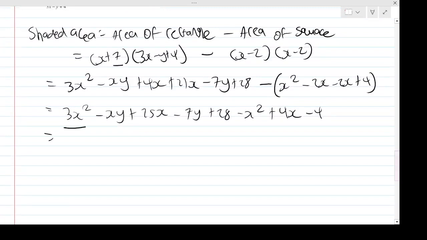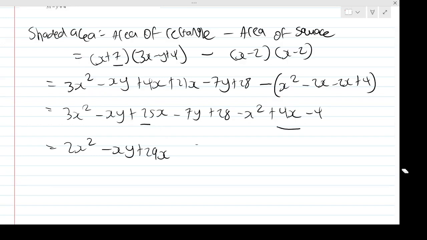And now we can simplify everything here together to get one final expression. So what about the x squared term first? We have another x squared term over here, so 3x squared minus x squared would be 2x squared. Then I have an xy, so minus xy. That's the only xy term, so that'll just be minus xy. Then I have an x term by itself, so I have 25x, and then I have another x, plus 4x, that'd be 29x.